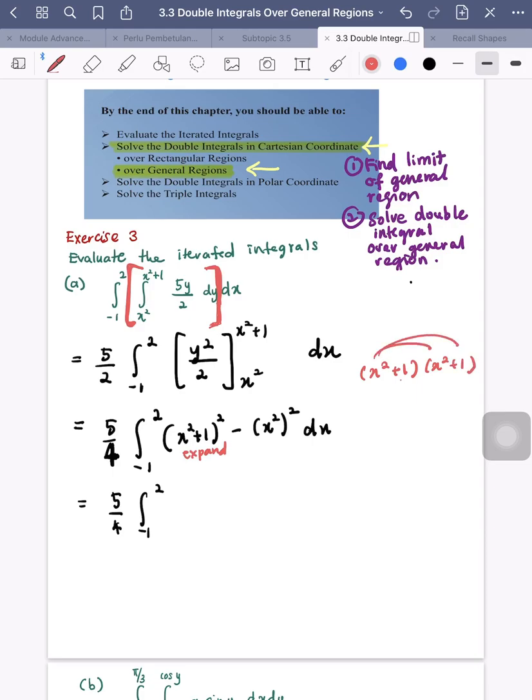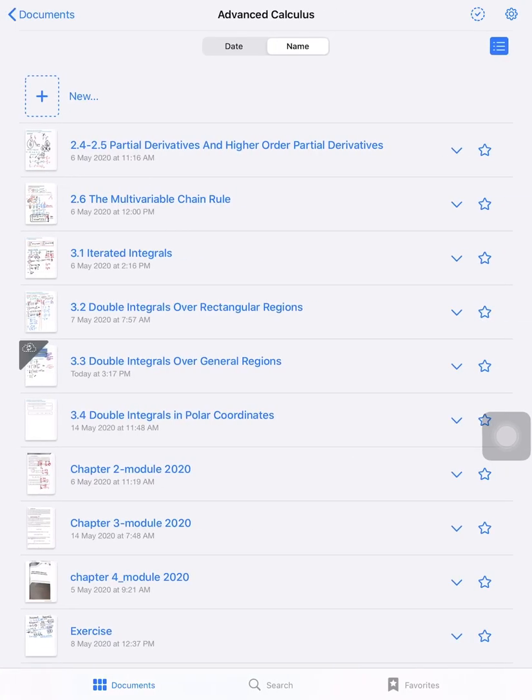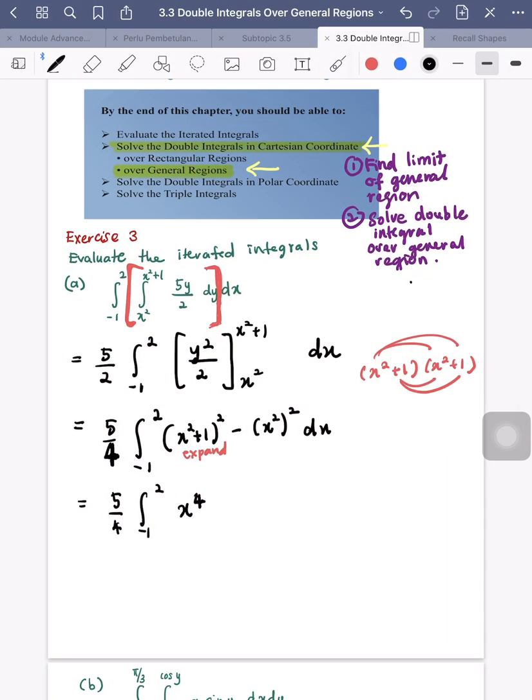To expand it, you will get x to the power of 4 plus 2x squared plus 1, minus this one, which is x to the power of 4, with respect to dx.